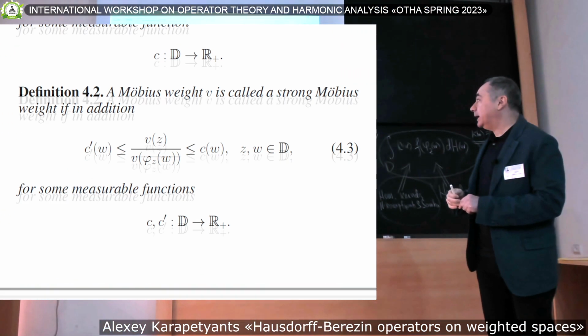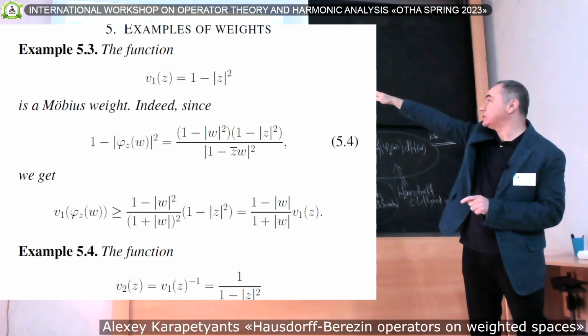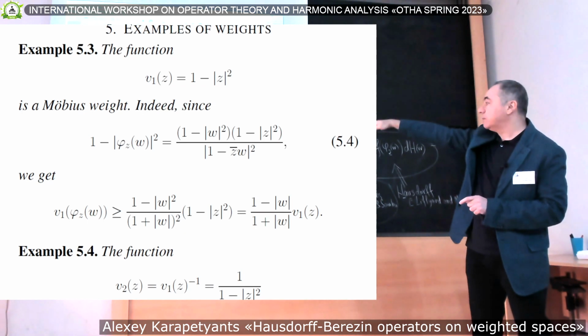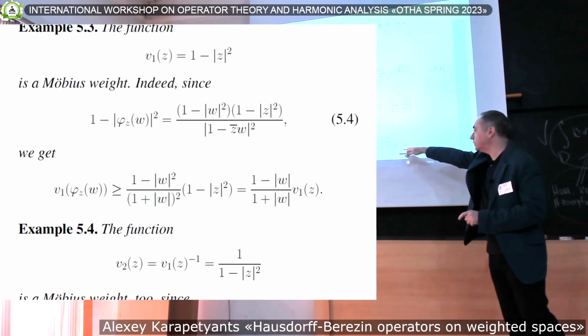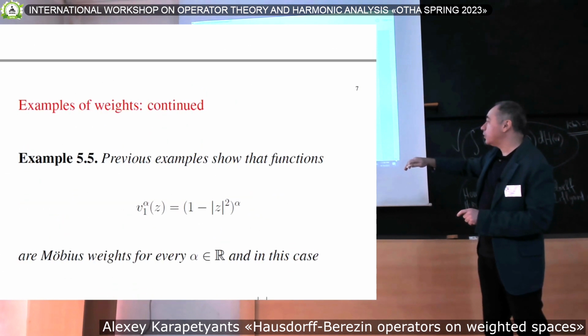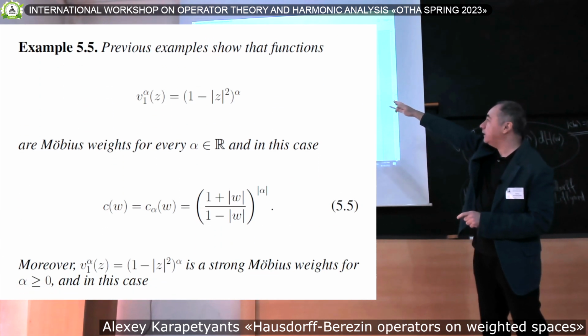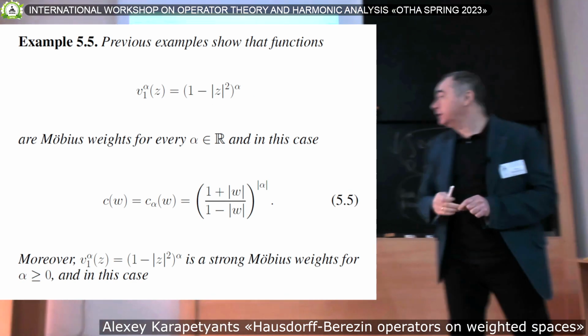Examples of these weights: this nice weight is a Möbius weight. Moreover, one divided by this weight is also a Möbius weight. Also, any power of this 1 minus z squared is a Möbius weight.